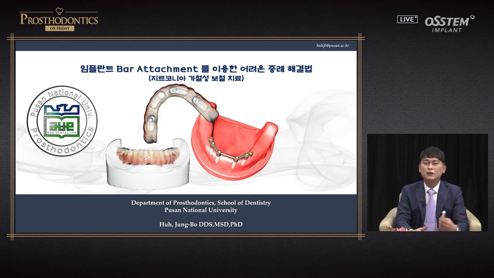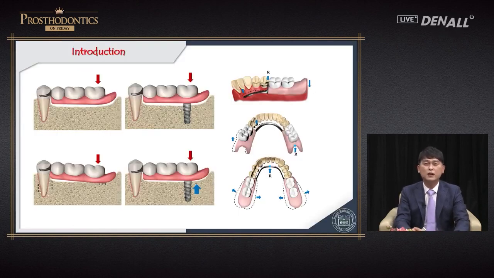Thank you. I'm going to talk about how to resolve challenging cases using implant bar attachment, a treatment using zirconia removable prosthesis. I majored in and have long studied partial denture, and you're looking at many clinical cases of it. There are two types of partial dentures. One is moving and the other one is almost not moving.